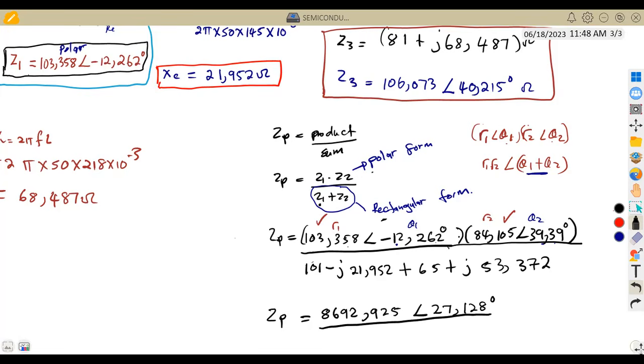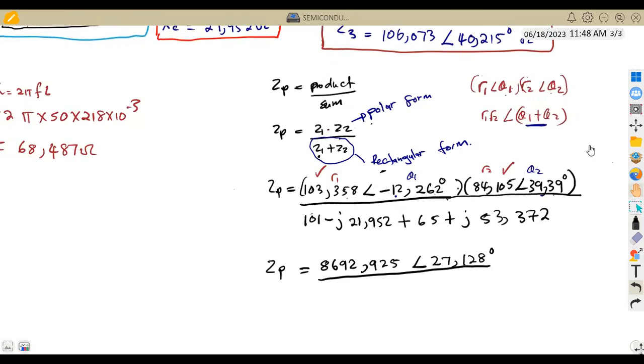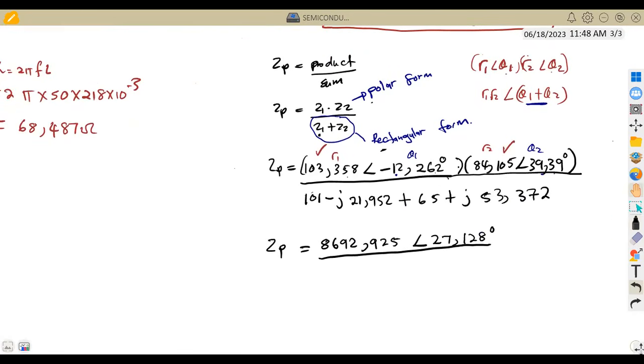In rectangular form, because here we are adding, you add the real terms together, the terms without a J. These are your real terms. So you add 101 and 65, which gives us 166.